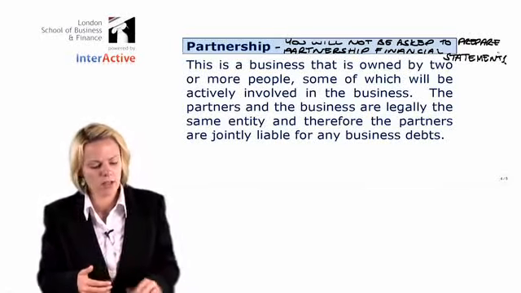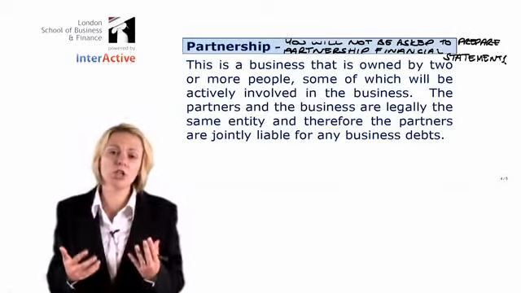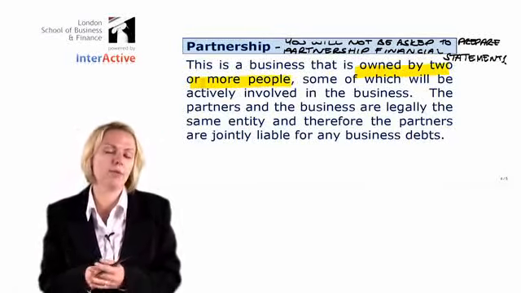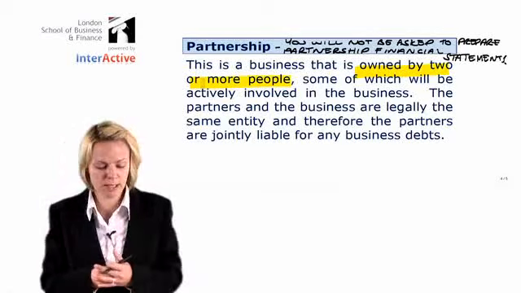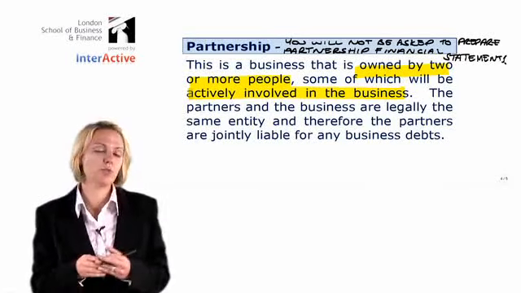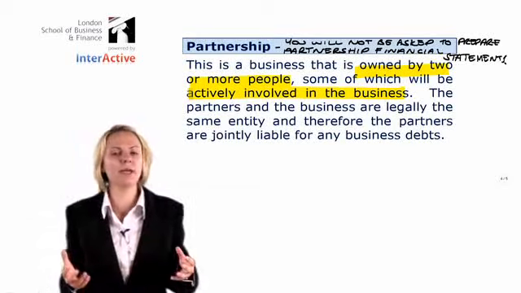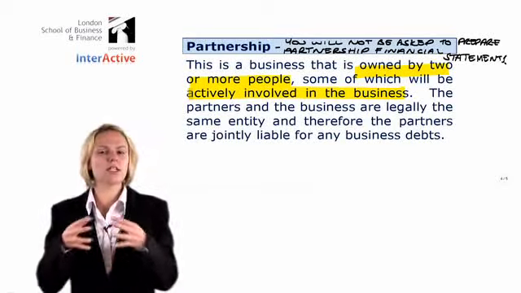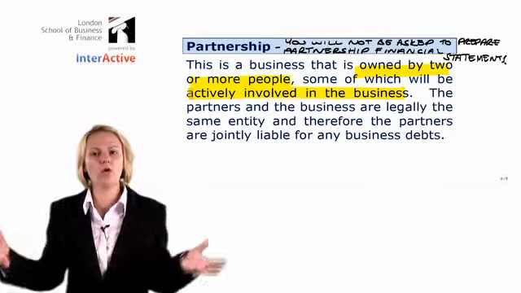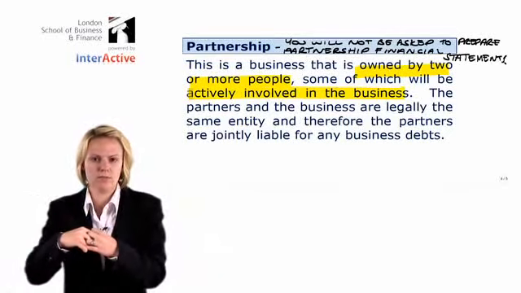So, we do need to know what a partnership is, and a partnership is a business owned by two or more people. Some of those people will be actively involved in the business, and some of those people won't. So a partnership is two or more people that get together, decide that they want to form a business and start a business, and they're all going to put their own amounts of investment into the business.